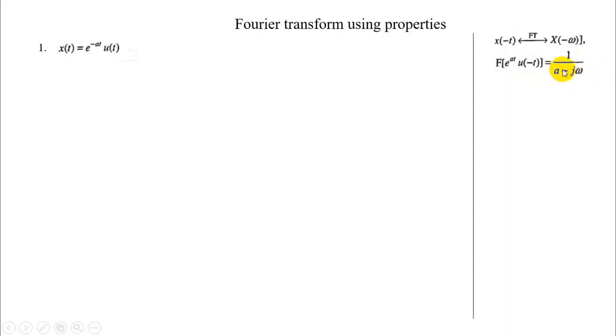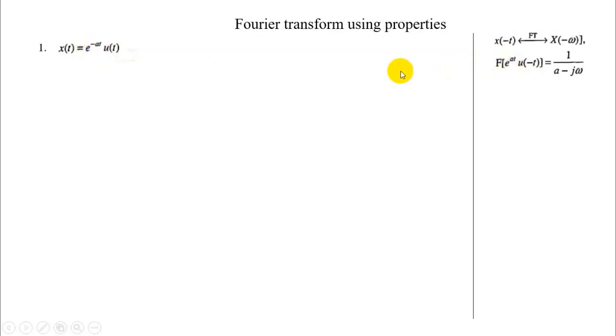The only difference is u of minus t versus u of t, and e to the power at versus e to the power minus at.